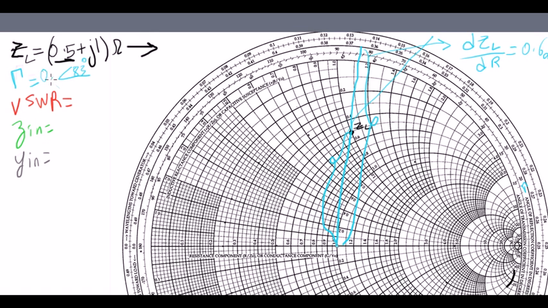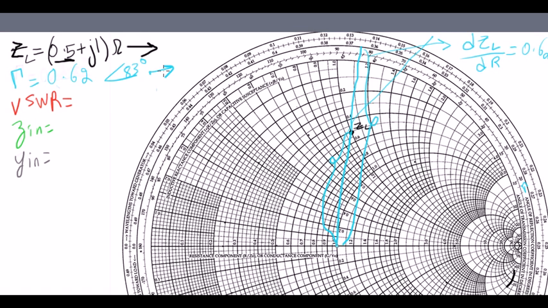So that would be your magnitude. It's as easy as that. Just to write it better, if I left more space it would be better, but I can do it right now: 0.62 with an angle of 83 degrees. So now we have our reflection coefficient. Earlier it was an equation, and now we don't need that equation. The Smith chart just literally gives you that value, which is very convenient. That's why it's sometimes called black magic.